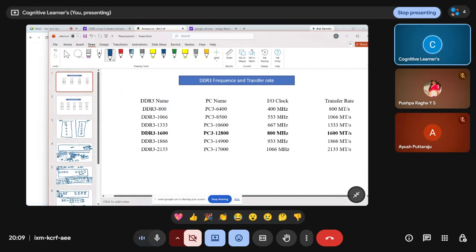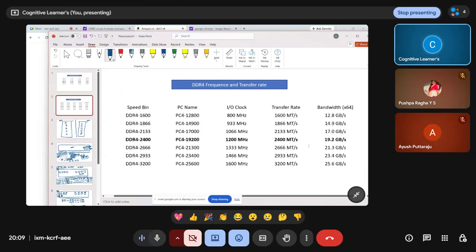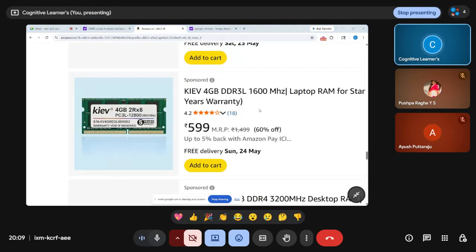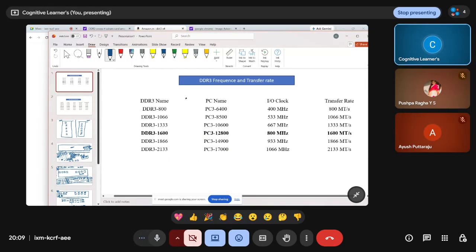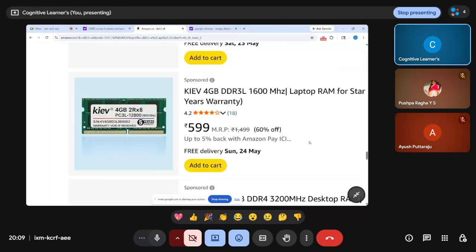DDR4 frequency range is 800 megahertz to 1600 megahertz, but the DDR3 frequency range is still 400 megahertz to 1066 megahertz. Don't get confused. That is the transfer rate, the data rate, in mega transfers per second.